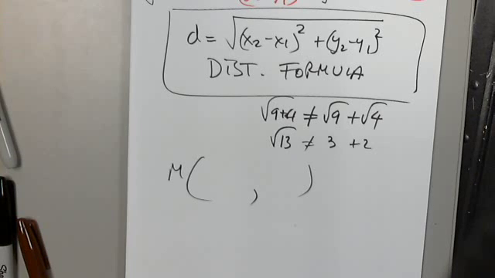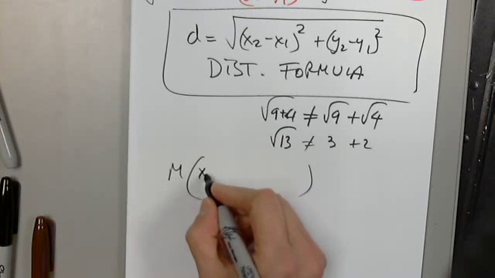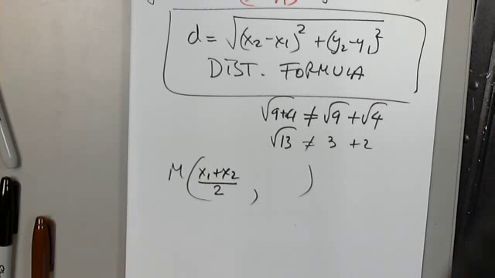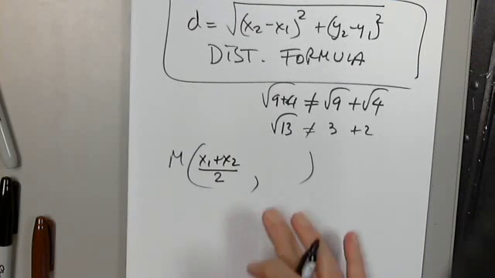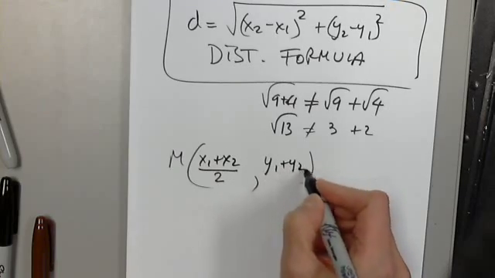If I have two numbers and we want to create the average, how do I create the average of two numbers? I add them up and divide by 2. That's exactly how we remember the midpoint formula. It's x1 plus x2 over 2, the average of x values. And what do you think the y coordinate will be? Very good. That's it.